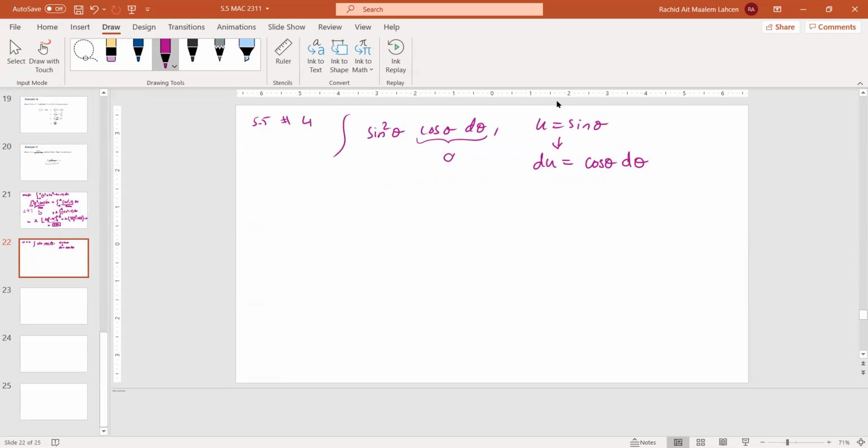So this is going to be du, and this is going to be u squared. And this is easy to find the antiderivative. It's just going to be u cubed over 3 plus c. And so now we need to go back to theta. So we're going to say it's sine theta cubed over 3 plus c.